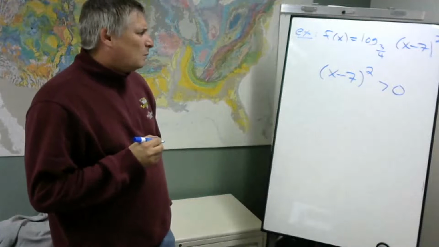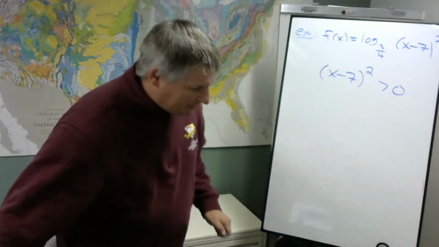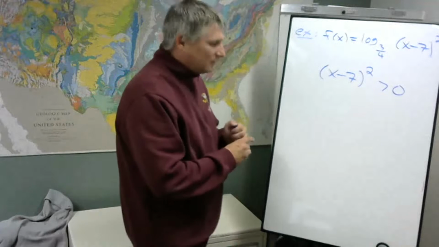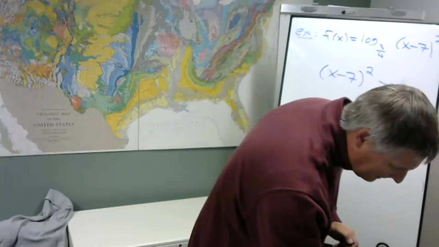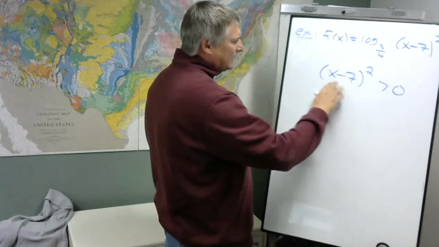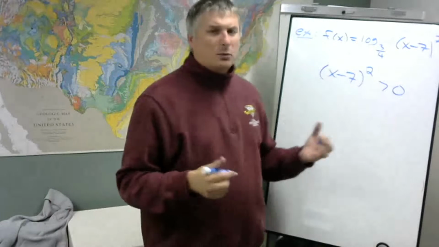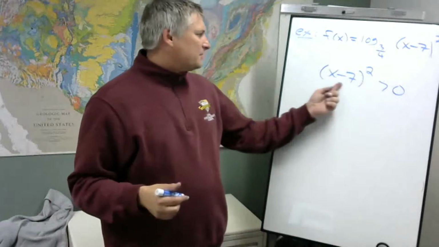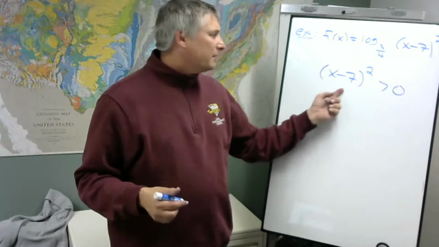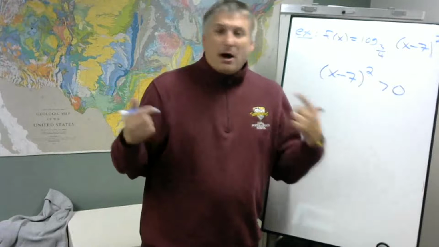So what this is going to imply is, anything x minus 7, as long as it's not equal to 7, whether this is negative or positive on the inside, we're going to square it, and it's going to be positive.